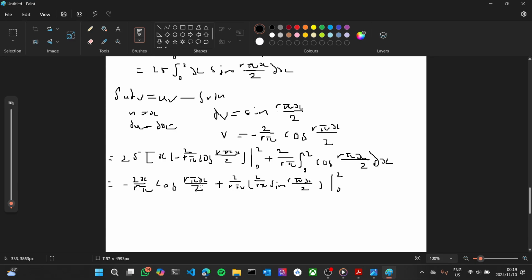Alright, so we can just go ahead and evaluate that. So we're left with 4 over r squared pi squared. Cool. Now we can evaluate this between the limits.